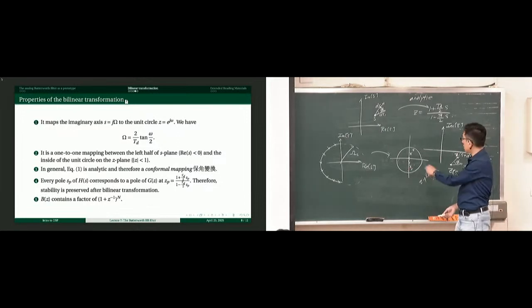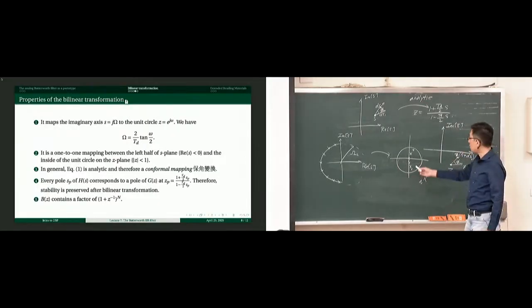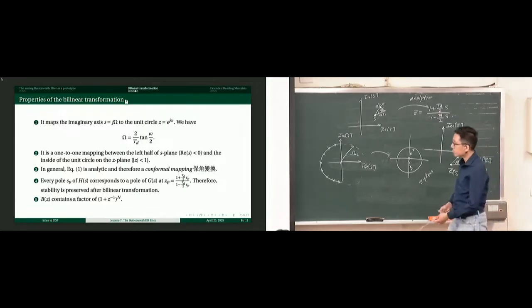This ensures that our design, which I just erased, 我们刚刚擦掉了, will be a stable system because all the poles are now inside the unit circle on the Z plane. Okay? Stability is preserved. And that's pretty important.